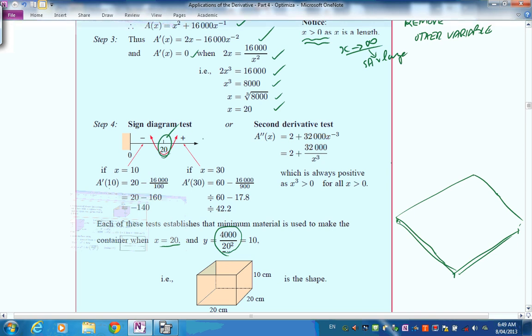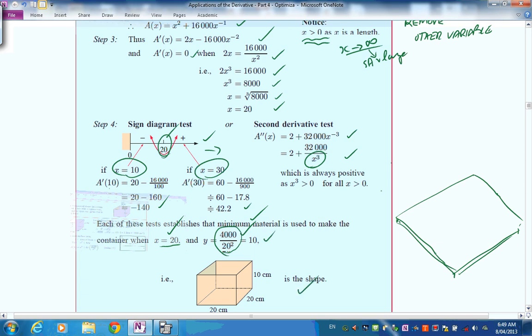So anyway, going back to this, we've got 20. We can have very large x going out here. So subbing in 10 and 30, we find it's negative and then a positive. So that is a minimum, or second derivative, subbing in x is a positive in here, we'll always give a positive. So that checks that it is a local minimum. And then you've got your 20 from the turning point there, and then subbing it in for y, I've got 10.